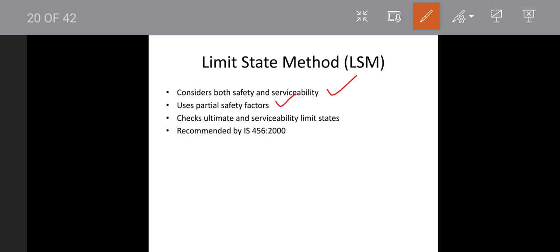Why do we call it the partial safety factor? Because the factor of safety is applied to the materials and also to the load, so it is applied in both scenarios, for load and for material. It checks the ultimate load carrying capacity and serviceability of the structure, and this method was recommended in our IS 456.